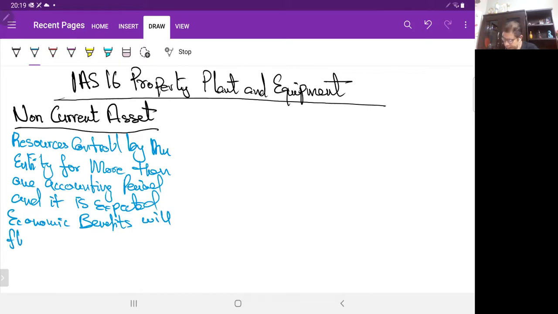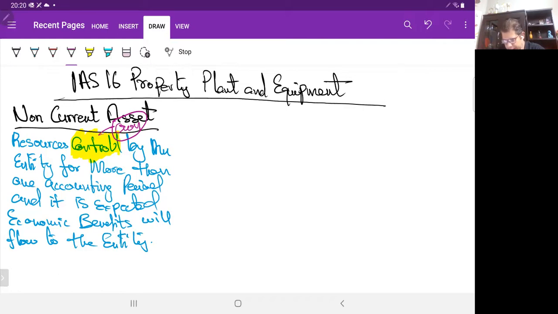What is the definition? Resources controlled by an entity. So the question is, why not use the word own? Why do they use control? The reason is that you will study the standard IFRS 16 Leases.